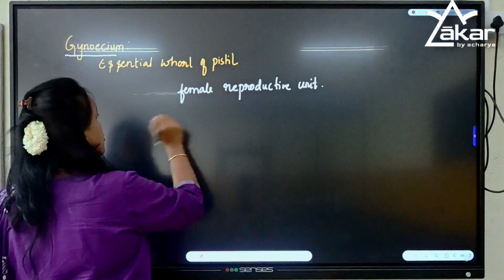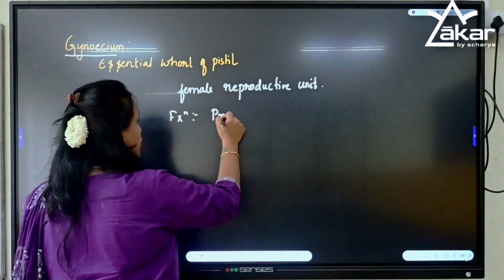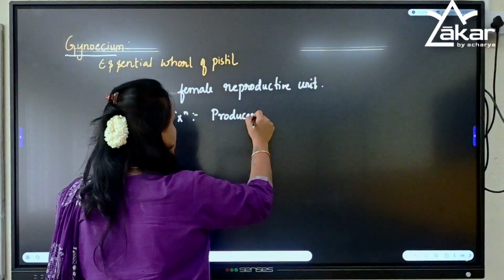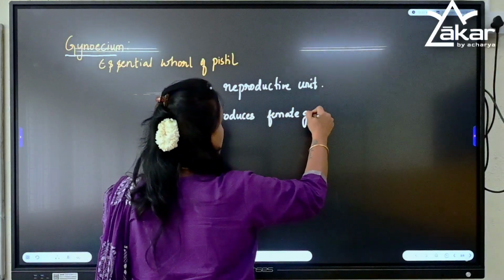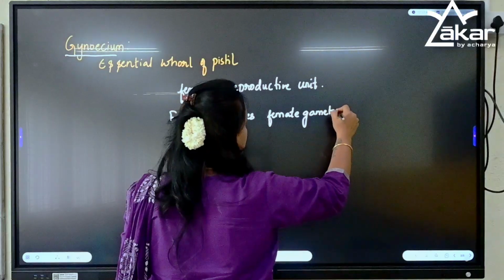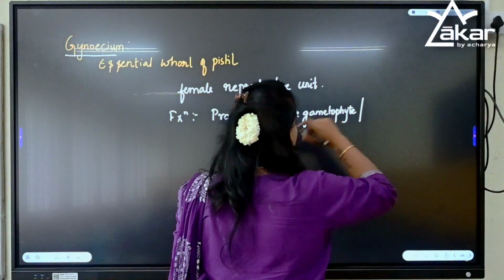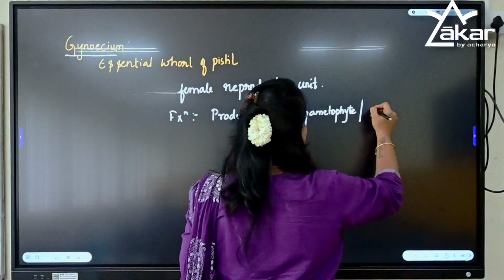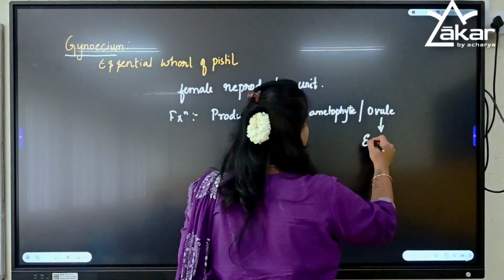Okay, and what is the function? Very first, it produces the female gametophyte, which is otherwise called the ovule, which contains an embryo sac.